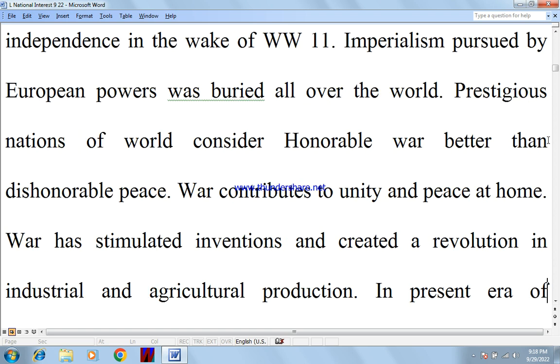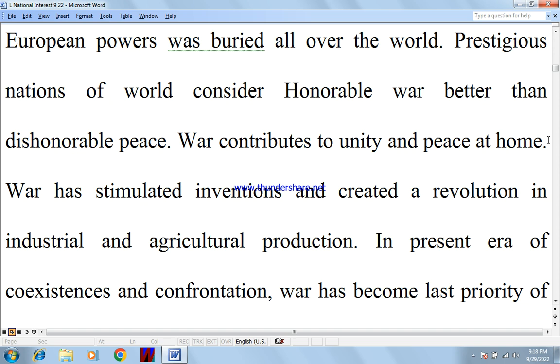Prestigious nations of the world consider honorable war better than dishonorable peace. War contributes to unity and peace at home. War has stimulated inventions and created a revolution in industrial and agricultural production.